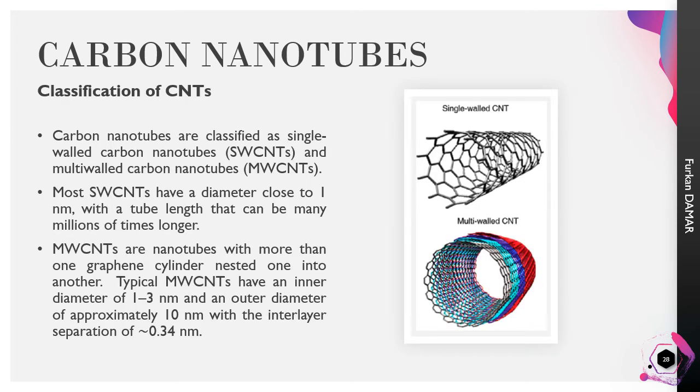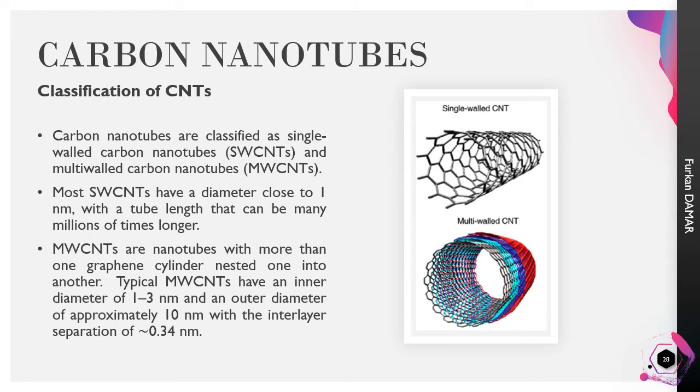This is the classification of CNTs. Carbon nanotubes are classified as single-walled carbon nanotubes and multi-walled carbon nanotubes. Their short forms are SWCNTs and MWCNTs. Most SWCNTs have a diameter close to 1 nanometer with a tube length that can be many millions of times longer.